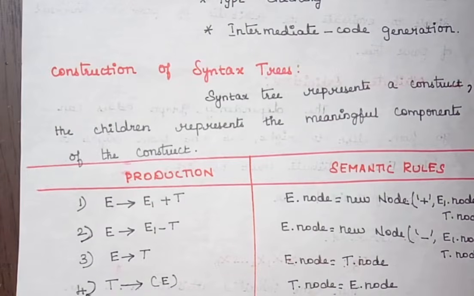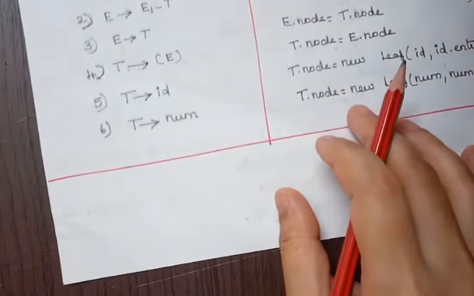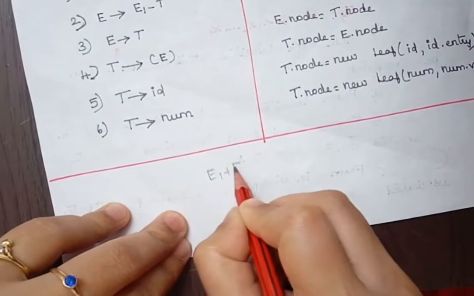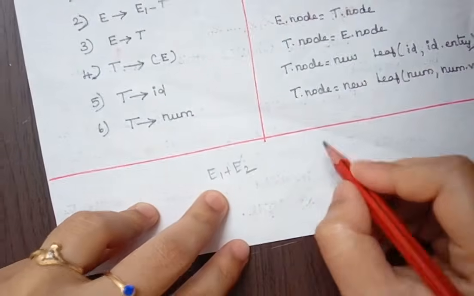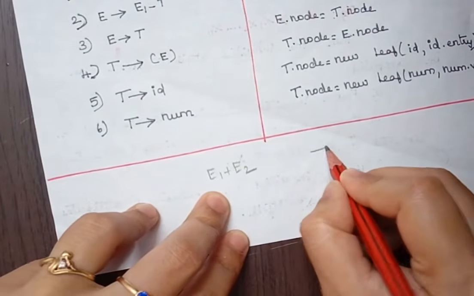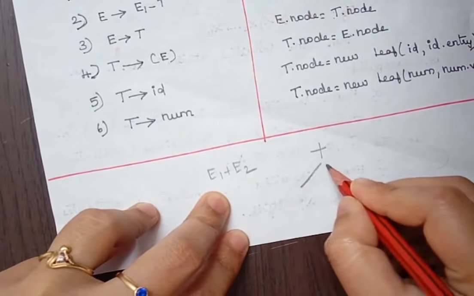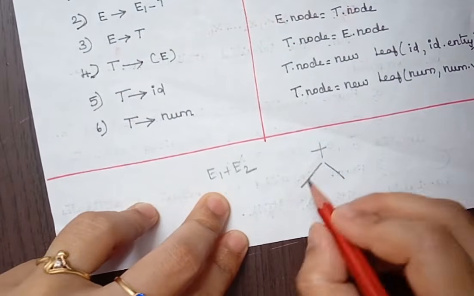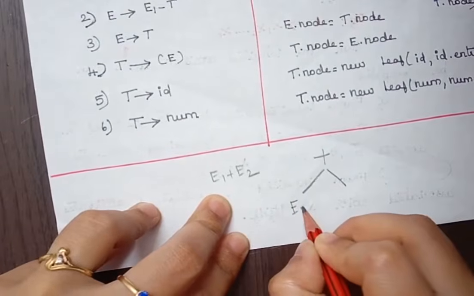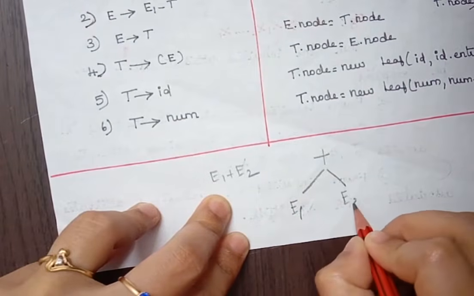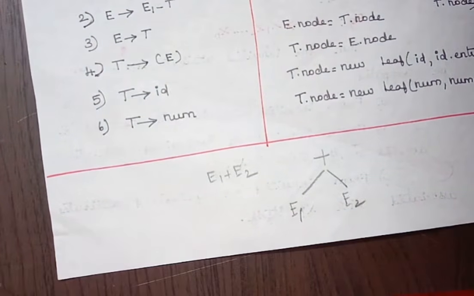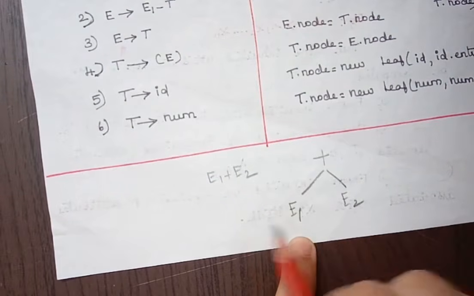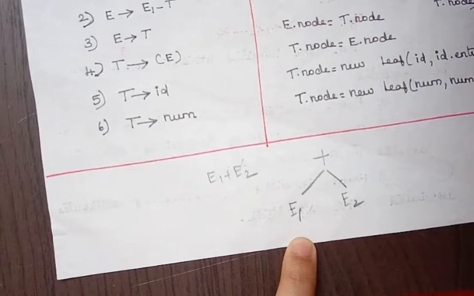For example, if there is an expression like E1 plus E2, then we can construct the syntax tree for this expression by taking the plus operator as the root node or parent, with E1 as the left child and E2 as the right child. So this is how a syntax tree can be constructed for this given expression.